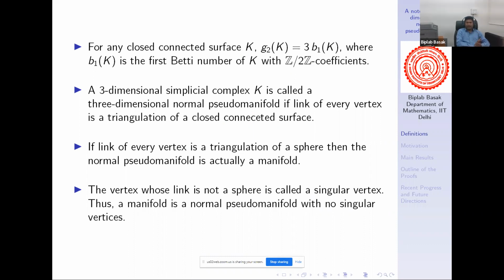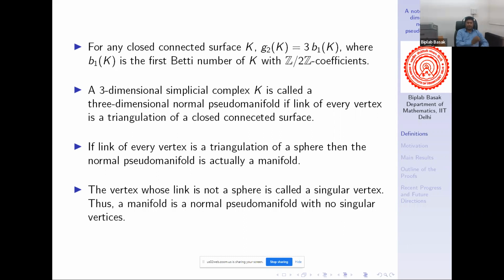Now, a three-dimensional simplicial complex K is called a three-dimensional normal pseudomanifold if the link of every vertex is a triangulation of a closed surface. So it can be a sphere, it can be RP2, or it can be any connected sum of these RP2 or torus, right?